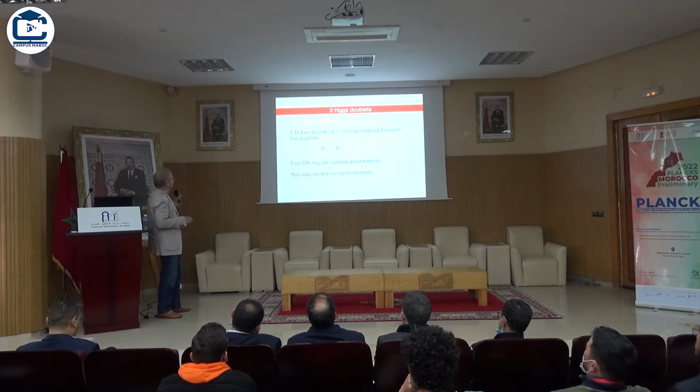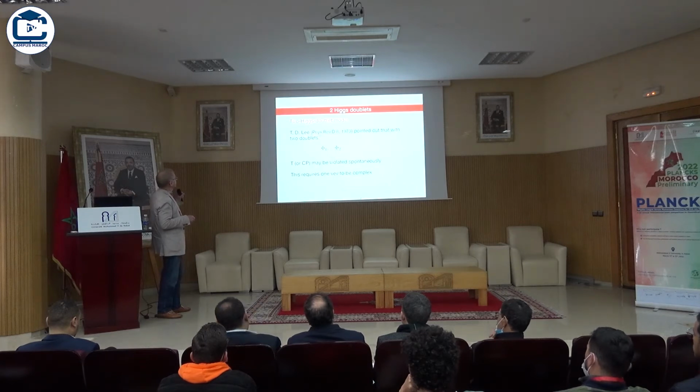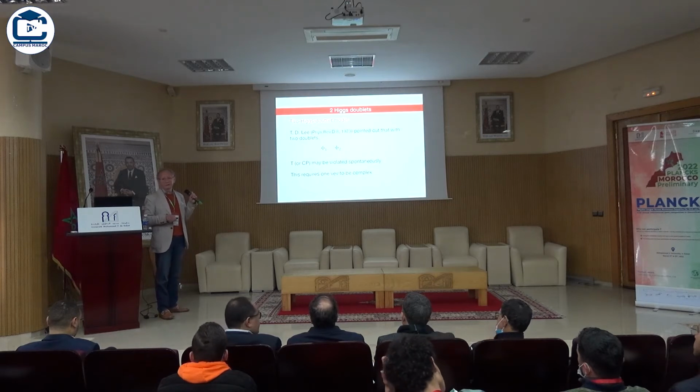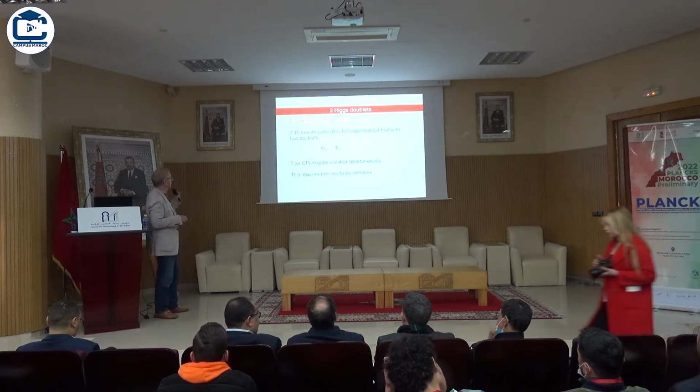In 1973, T.D. Lee, an American physicist of Chinese origin, pointed out that if one had 2 doublets, then time reversal symmetry, or equivalently so-called CP, C is charge, P is parity, could be violated spontaneously, even if it was not introduced in the theory from the beginning.